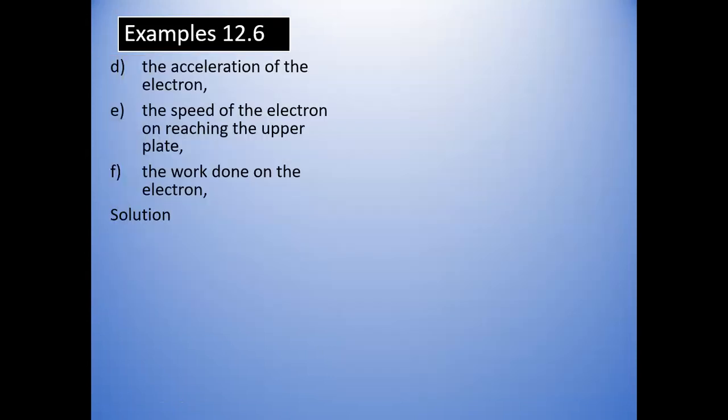Okay, what's the acceleration? You know how to calculate this. We found the force already. This is last semester's work.